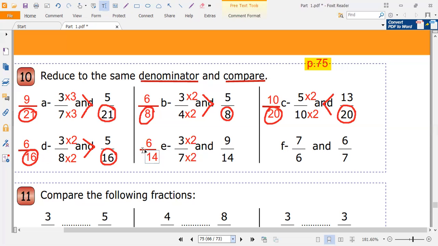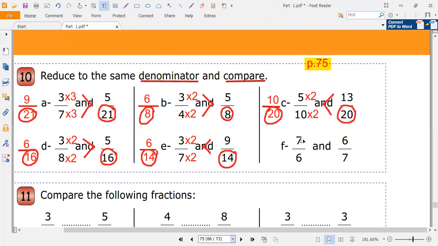Now these two fractions have the same denominator, so we have to compare the numerators. 9 is greater than 6, so 9/14 is greater than 6/14.